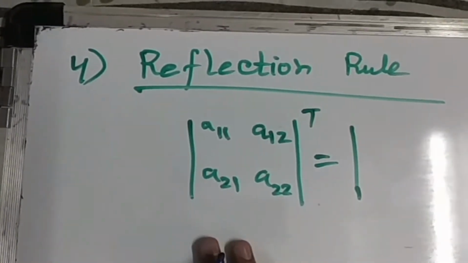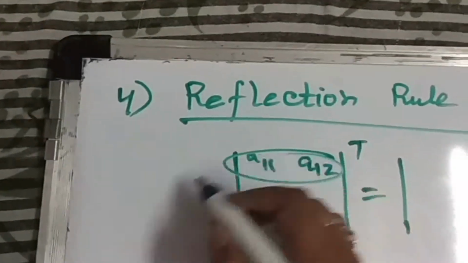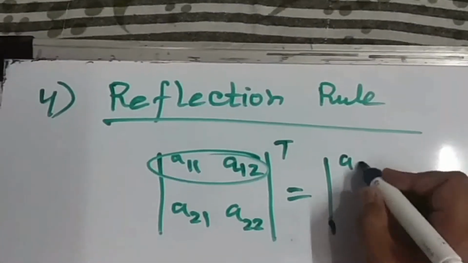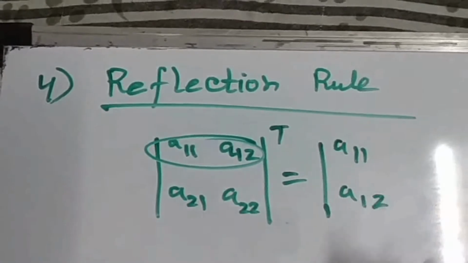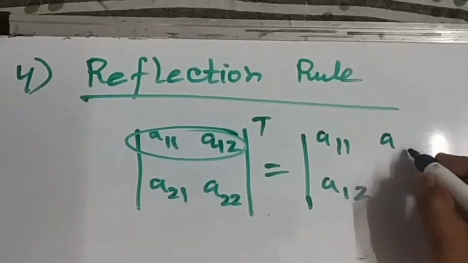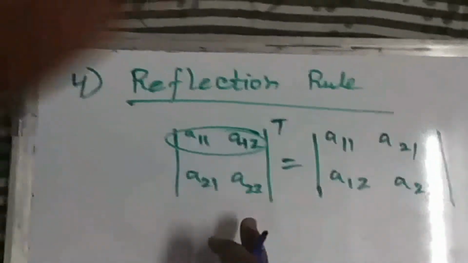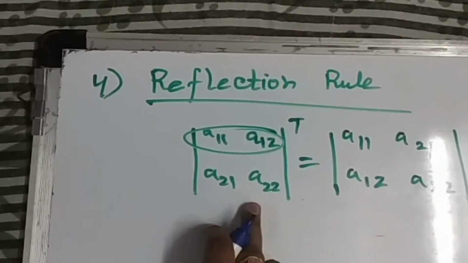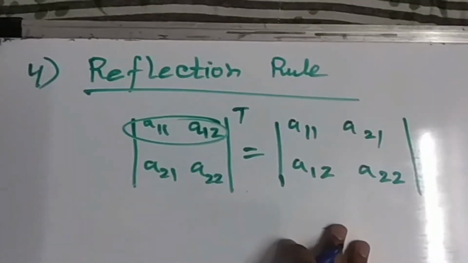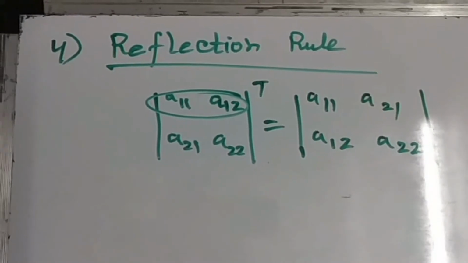So interchanging of rows and columns. So this first row will become first column. Write these two elements in first column. Second row will be written in second column. So transpose of determinant I have done. After doing transpose also, you will see the value of determinant will be same.